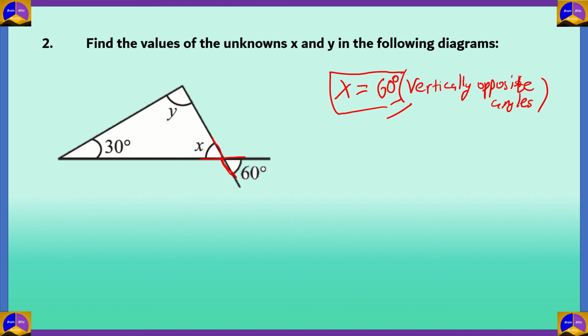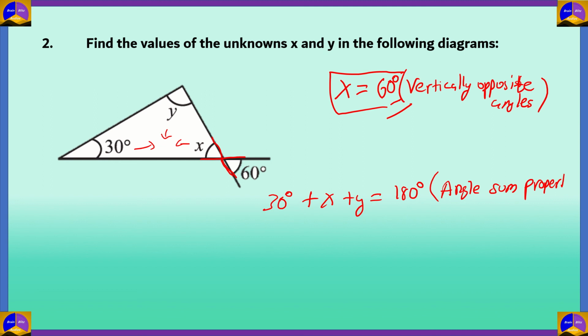Now, to solve for y, 30 degrees, x and y are the interior angles. So, 30 degrees plus x plus y would be equal to 180 degrees. Reason? Angle sum property.